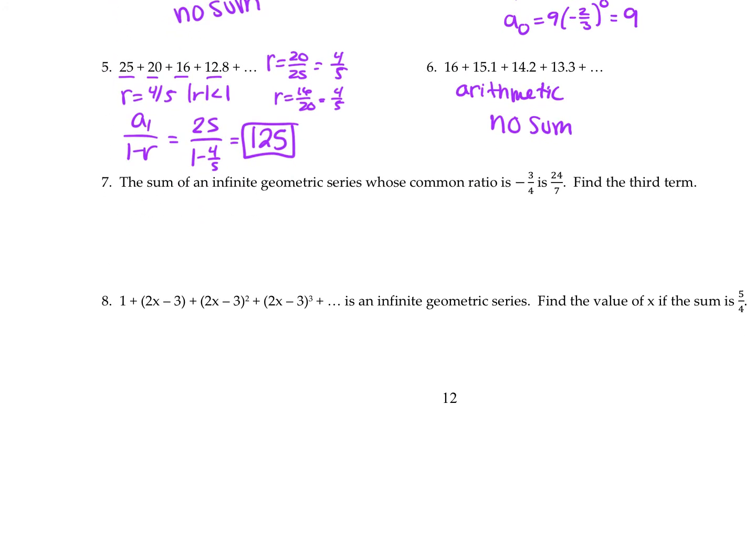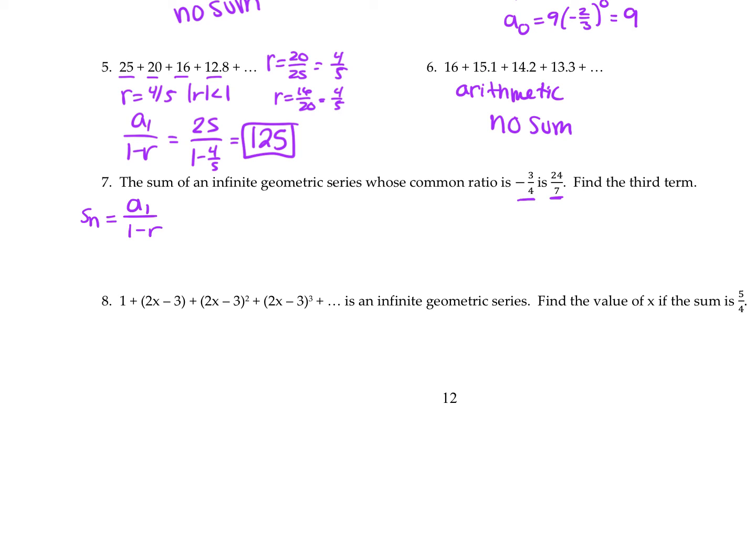All right, let's look at these last couple problems. So this is the sum of an infinite geometric series whose common ratio is -3/4. The sum is 24 over 7. Find the third term. All right, so we're going to do 2 steps. First we're going to use our infinite geometric sum formula to find the a1.